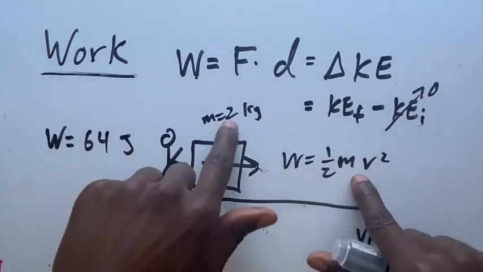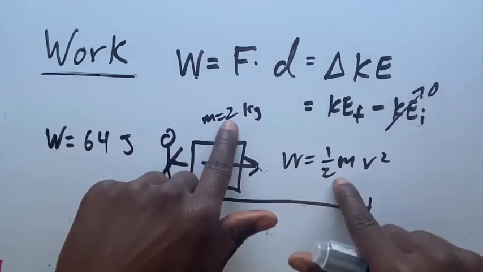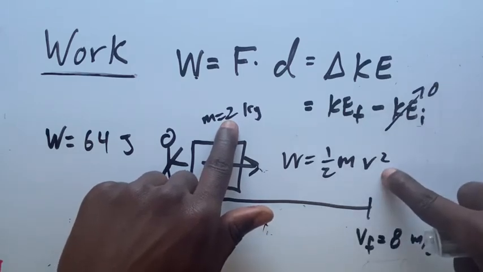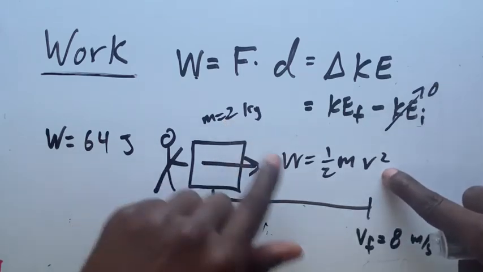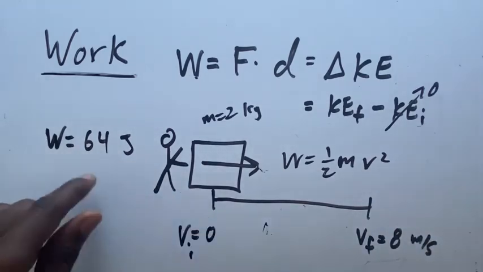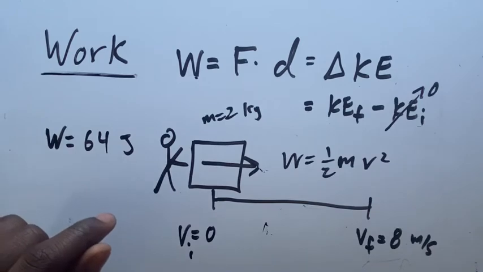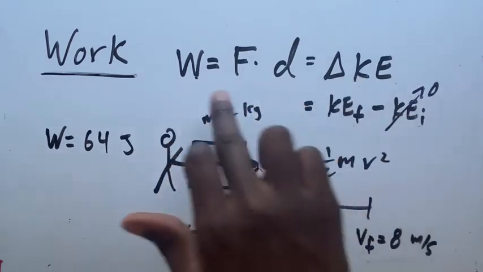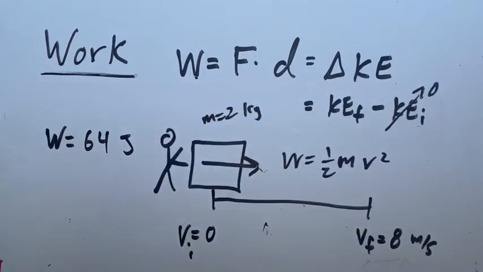Because the mass is 2 and there's a half there, the 2's will cancel out, and then the velocity squared is just going to be 8 times 8, and 8 times 8 is 64. All right, so those are the two ways we can calculate the work.